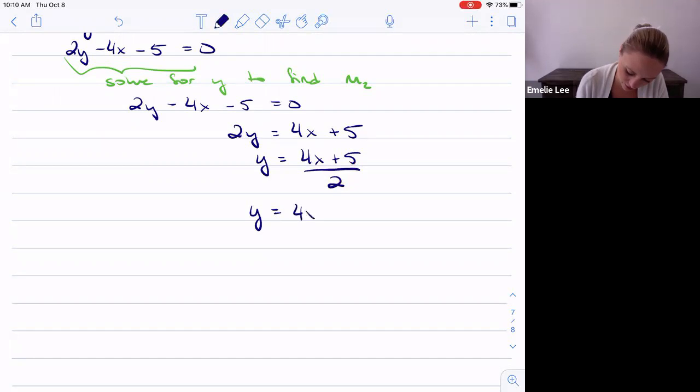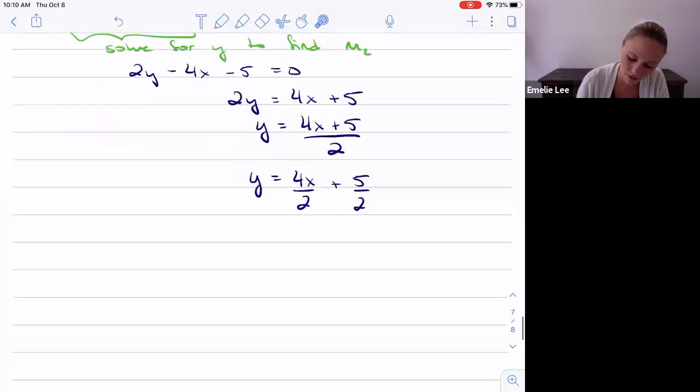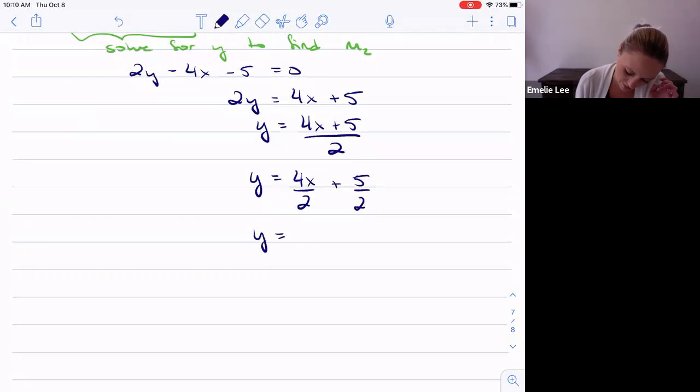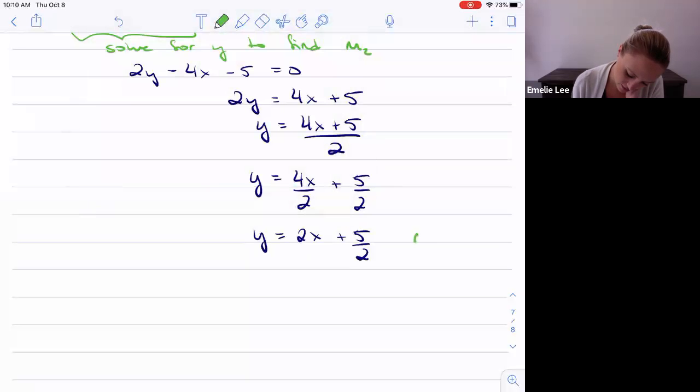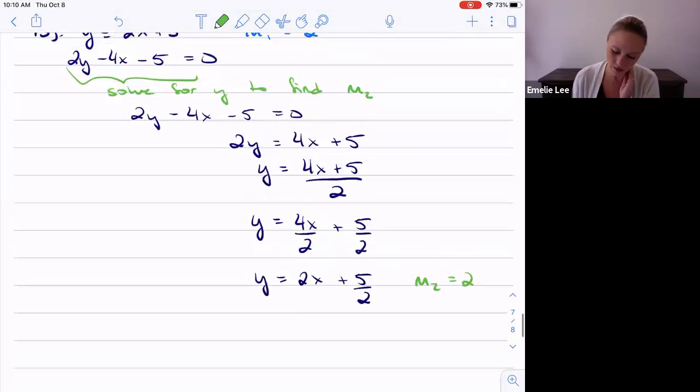So I get 4x divided by 2 plus 5 over 2. 4 divided by 2 I can simplify, and 5 over 2 I can just leave as is, because we're just talking about the slopes. So y becomes 2x plus 5 over 2. So then m2 is also 2.